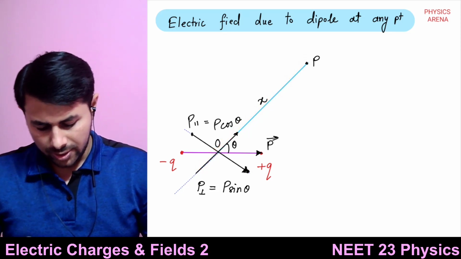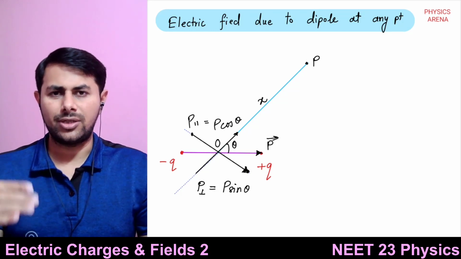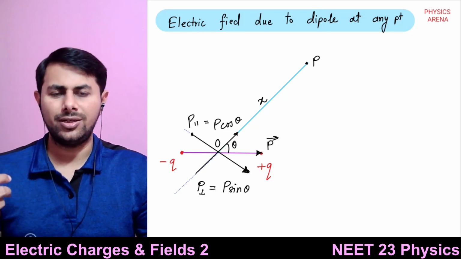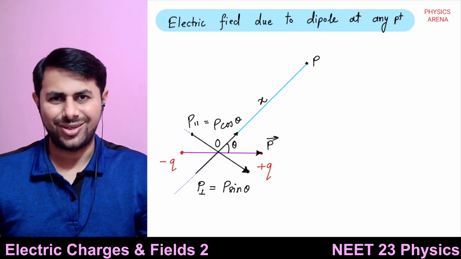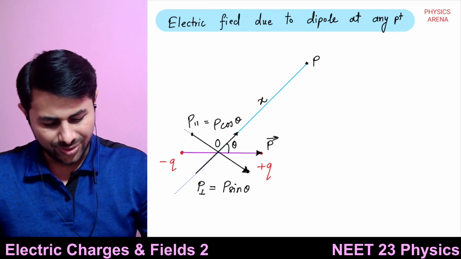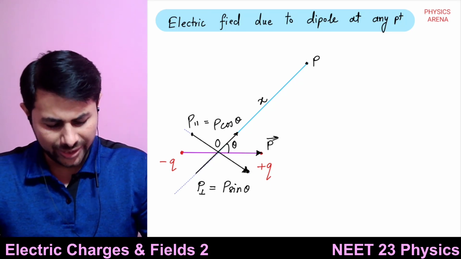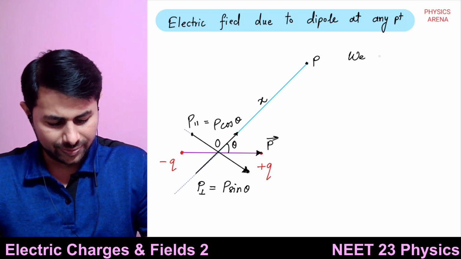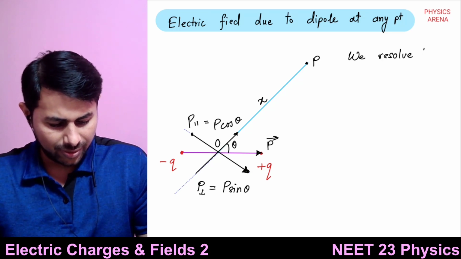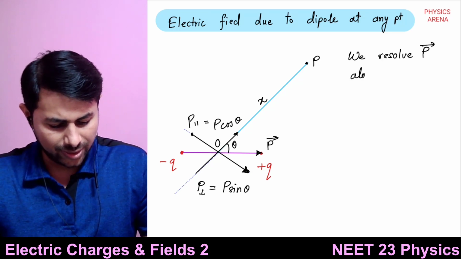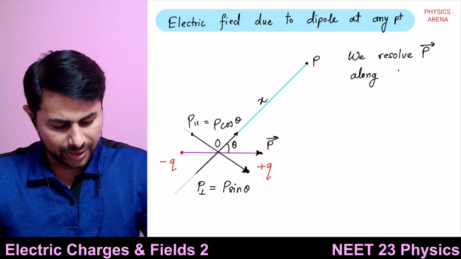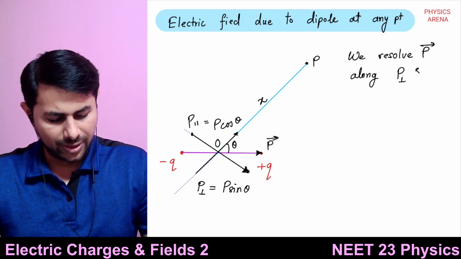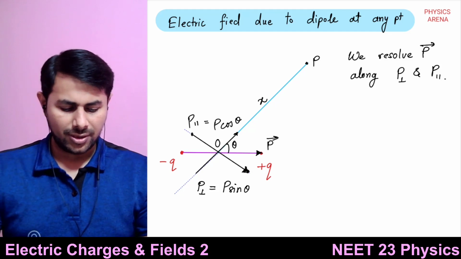So we can think of these two separate dipoles. They are producing some electric field at that point P. So we resolve P bar along two perpendicular components, P perpendicular and P parallel.